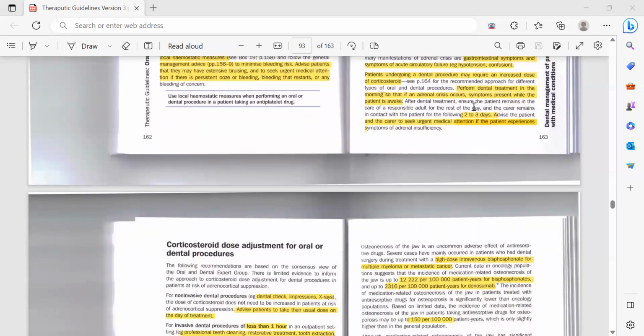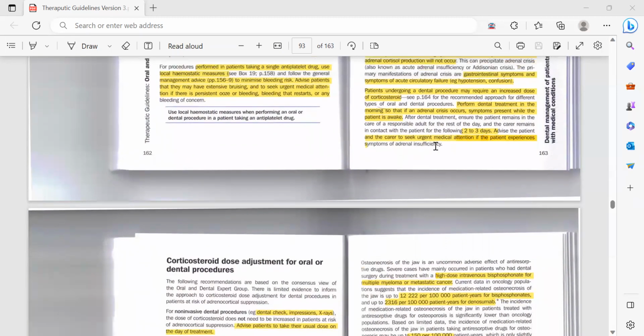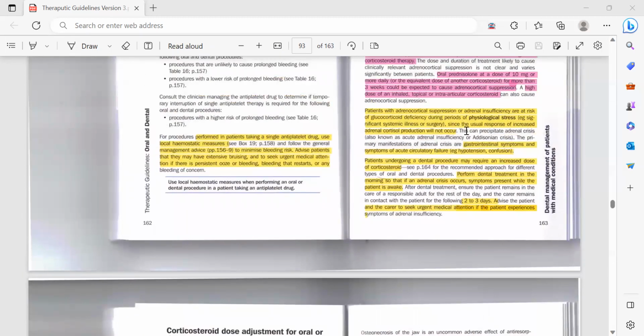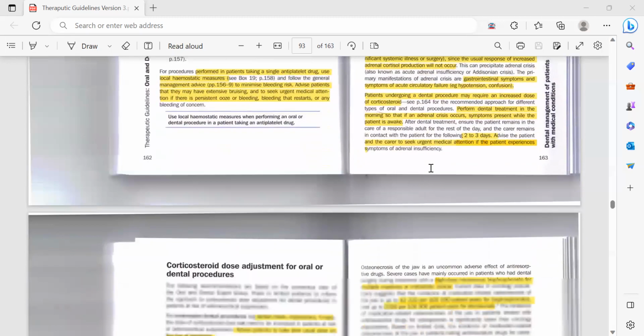After the dental treatment, ensure that the patient remains in the care of a responsible adult for the rest of the day, and the carer remains in contact with the patient for the following 2 to 3 days. Advise the patient and the carer to seek urgent medical attention if the patient experiences symptoms of adrenal insufficiency, which could be either GIT related symptoms or acute circulatory failure symptoms.